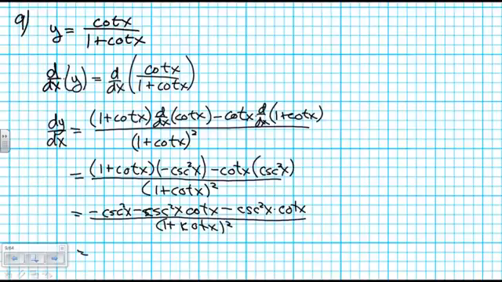When I took the derivative of cotangent, I left off that negative sign, which makes that a positive, and those two terms go away. So I end up with negative cosecant squared all over (1 plus cotangent) squared. And again, this one we'll do on the calculator to confirm.